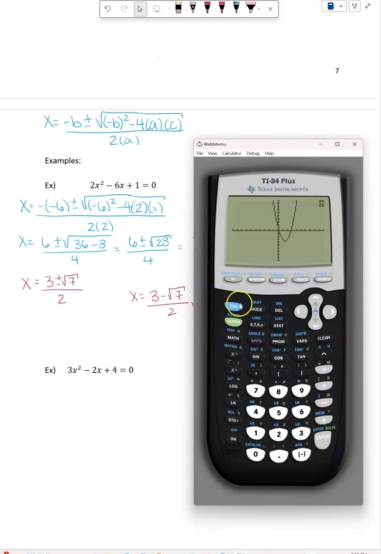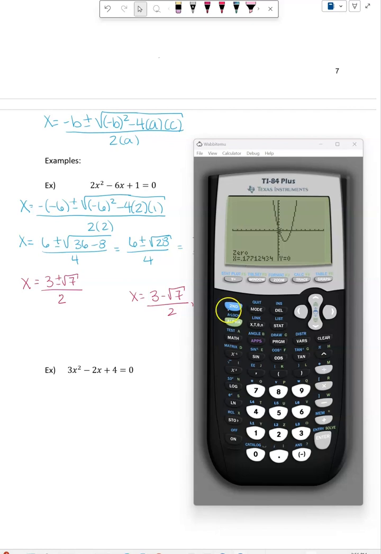So if we were to say second trace and we wanted to find the 0, so the left bound is just a little bit up over the 0 here. So we hit enter, and then we should be able to go enter, enter. Okay, so that shows us that x equals 0.177.